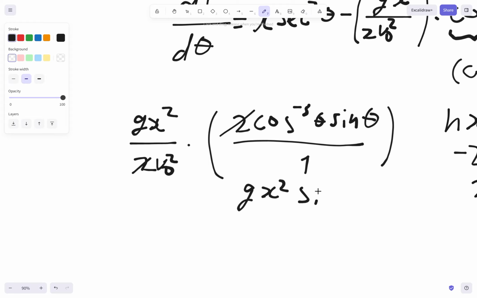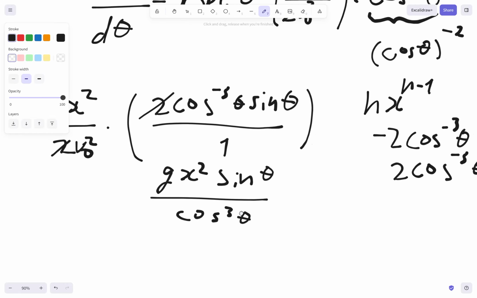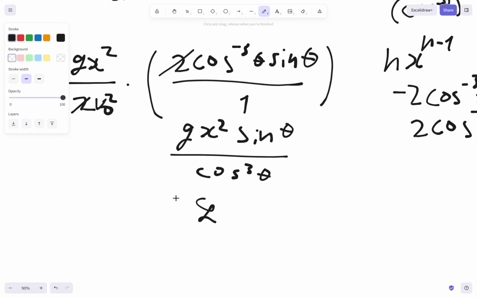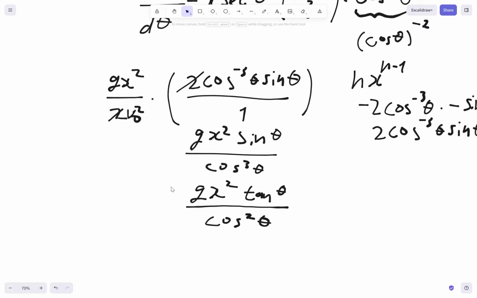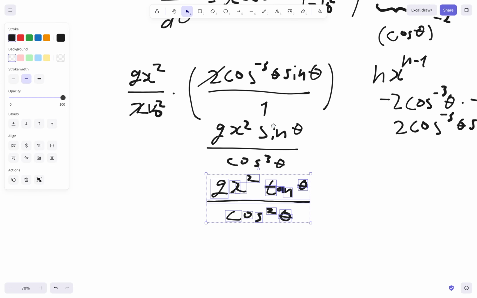We're gonna do sine theta all over cos theta, and that equals g x squared, and sine over cosine is just tan theta. Tan theta, and you're gonna do cosine squared theta. Yeah, and this is gonna be our final term for the entire thing of that.